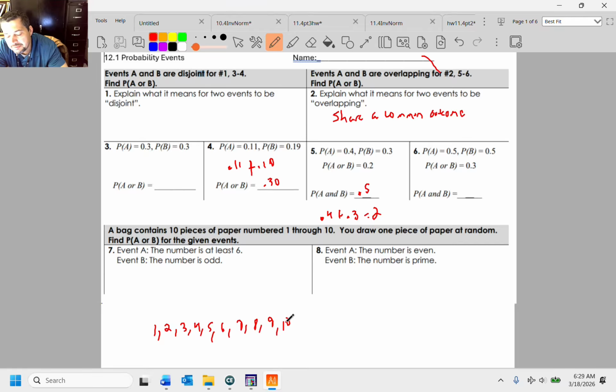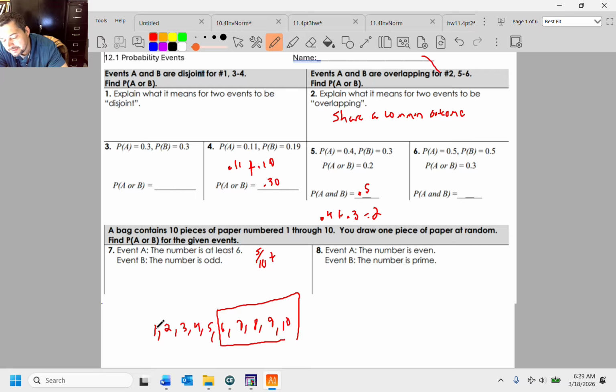Event A is the number is at least 6. So that's going to be all of those guys. There's 5 of them. So the probability of event A is 5 in 10. I'm supposed to find A or B, which means add. And event B is the number is odd.